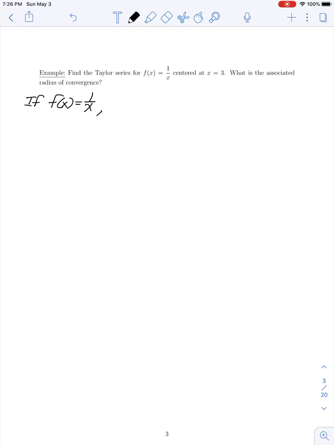So here, for f of x given by 1 over x, or x to the negative first, we would have f prime of x is negative 1 over x squared, or negative x to the negative 2 power.